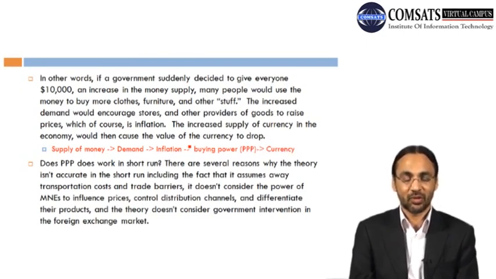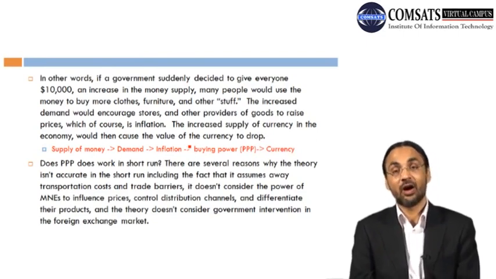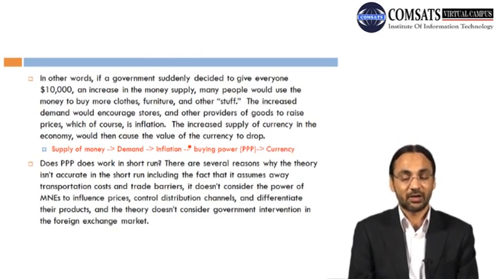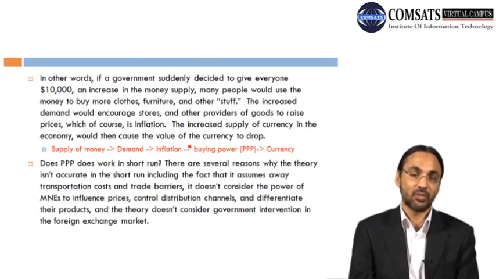It ignores transportation costs and trade barriers between countries, and it's not considering the power of multinational enterprises to influence prices of goods, control distribution channels, and differentiate their products, and it does not consider government involvement in the foreign exchange market. These are the factors which are absent from the PPP predictions.